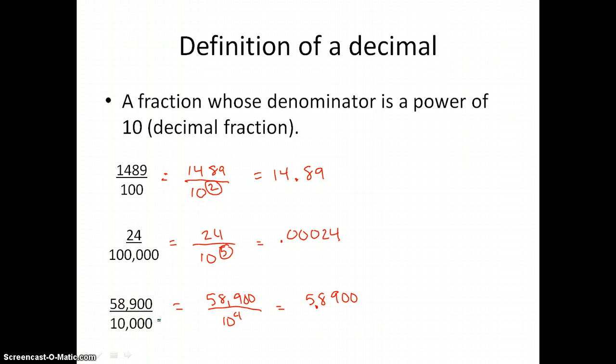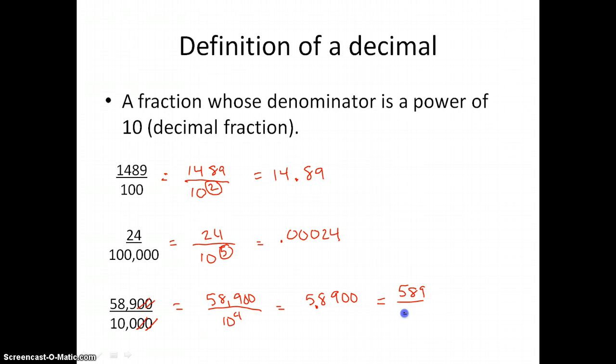Now, you're probably wondering, wait a minute, we have these extra zeros here. I don't have to have zeros. Well, now you're talking equivalent fractions because you're right. This would be 10 over 10, which is 1. You can cancel that out. 10 over 10, which is another 1. And now you're left with 589 hundredths.